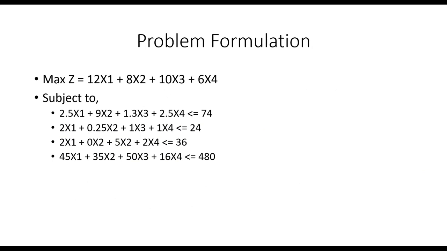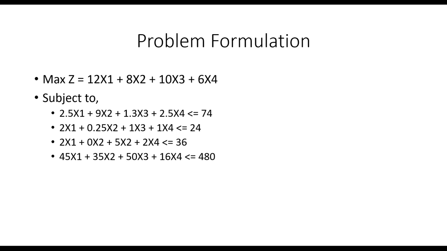2.5x1 plus 9x2 plus 1.3x3 plus 2.5x4 must be less than or equal to the 74 cups of flour we have available. 2x1 plus 0.25x2 plus 1x3 plus 1x4 is less than or equal to the 24 cups of sugar you have available. 2x1 plus 0x2 plus 5x3 plus 2x4 is less than or equal to the 36 eggs you have available.